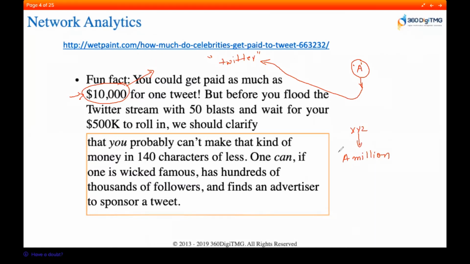As soon as this person tweets, the promotion will be posted along with that. So what exactly do I do? This person is going to tweet. Let's say he is going to tweet, I'm having a coffee.